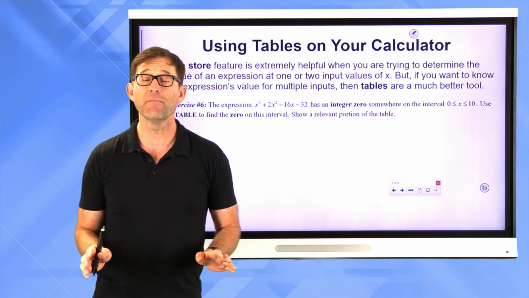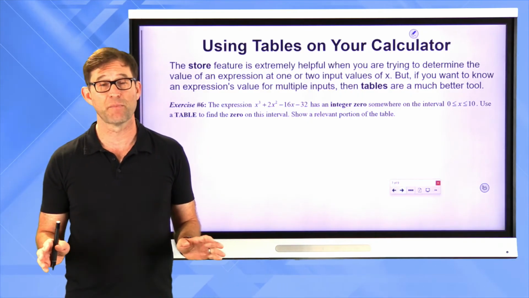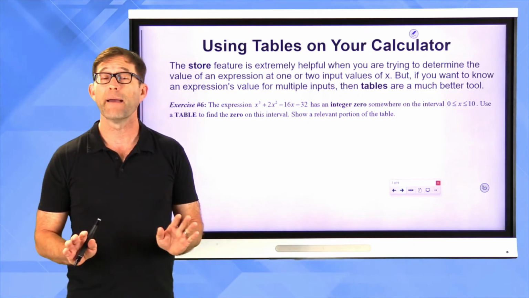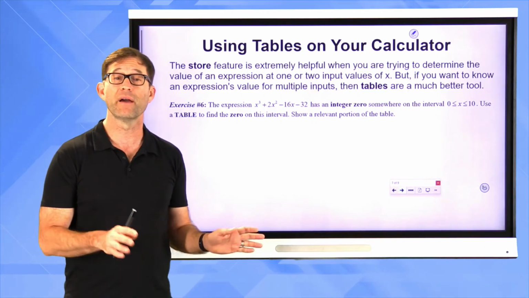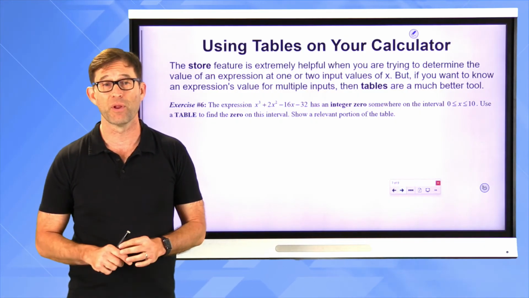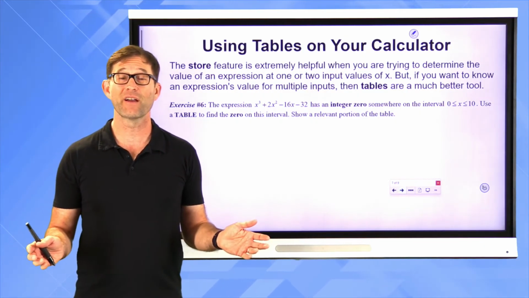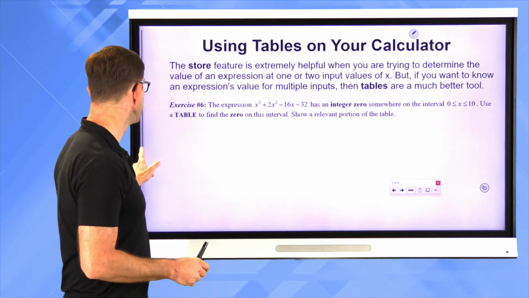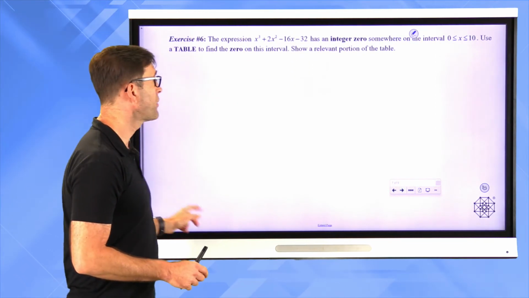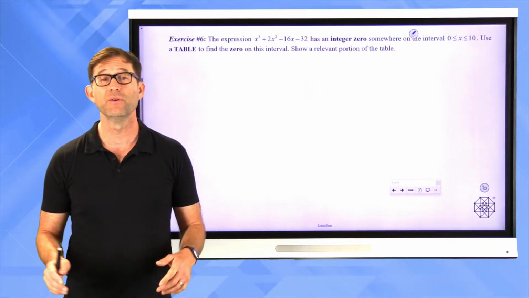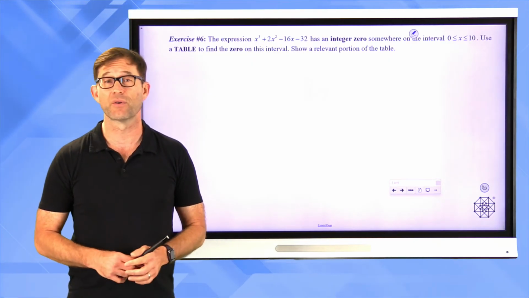I'll be honest, I am not in love with the way the TI-Nspire does calculator tables. I much preferred them on the TI-83 Plus and the TI-84 Plus. But I got the calculator I got. The TI-Nspire, I think, is the most popular calculator for classroom instructional use, which is why we use it, and it's a great calculator overall.